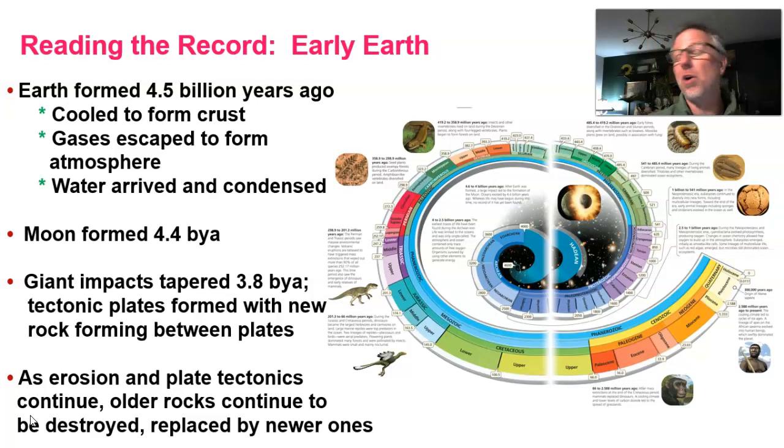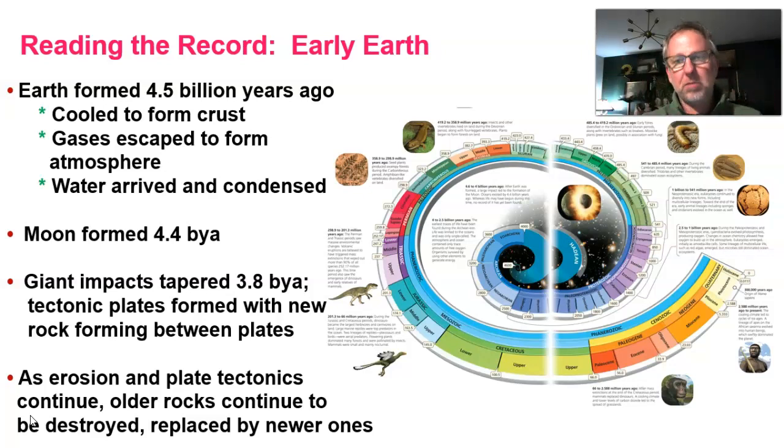Actually, to my knowledge, there are no rocks on Earth that are that old. They've all been destroyed through geologic activity. So the oldest rocks are from meteorites, moon rocks for example, and these other samples help get us to this 4.5 billion year age.